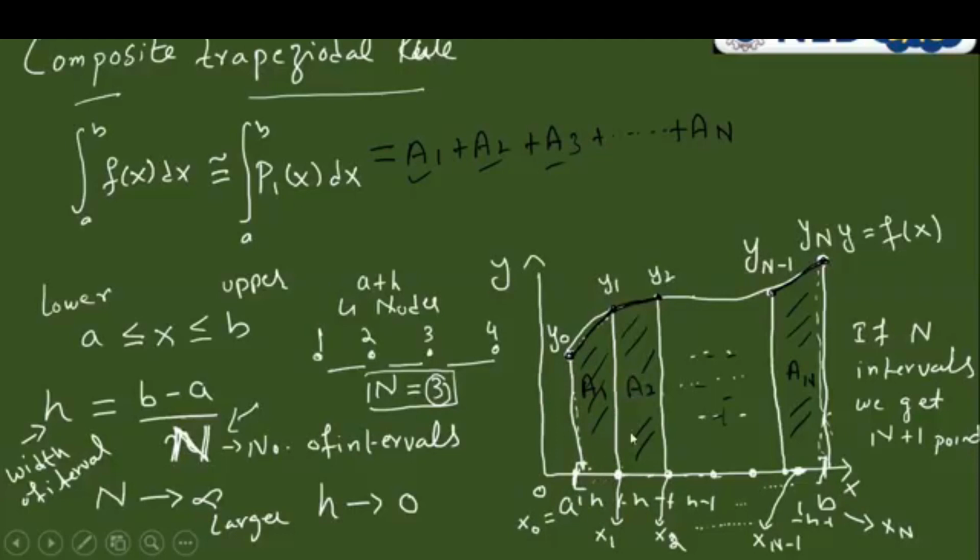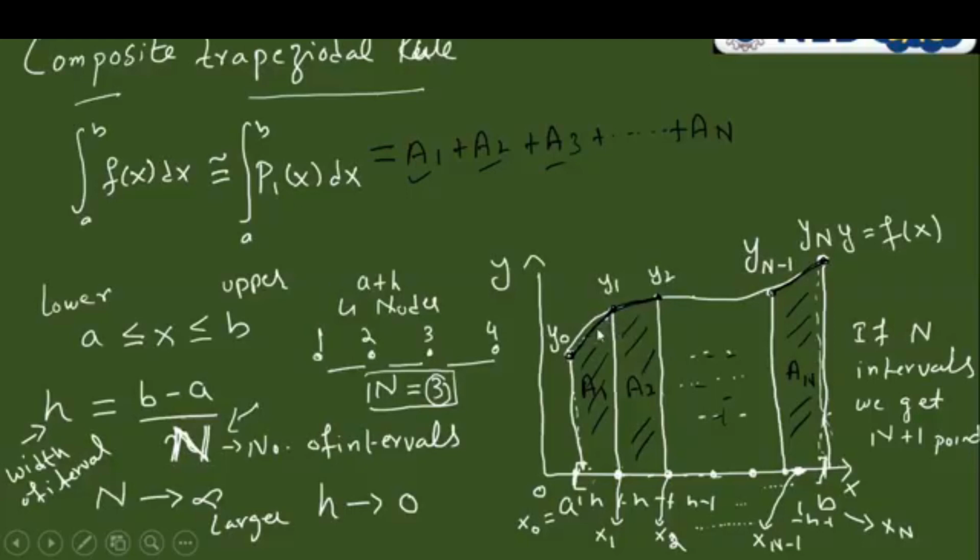Similarly, for interval 2, the parallel sides have lengths y1 and y2, separated by distance h. If we continue, we reach the last interval, where they are still separated by distance h, and the heights are yn minus 1 and yn. So we can apply the trapezoidal rule individually in each interval to get a1, a2, a3, up to an, and then we sum them all up, so we get the total area under this curve with a much better strategy. That is called composition.